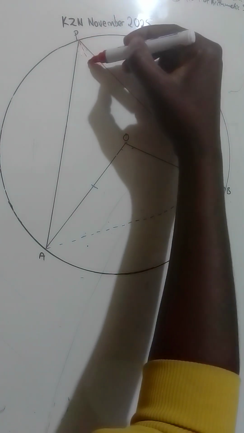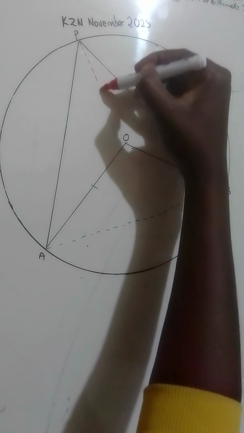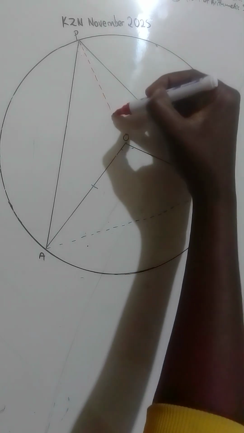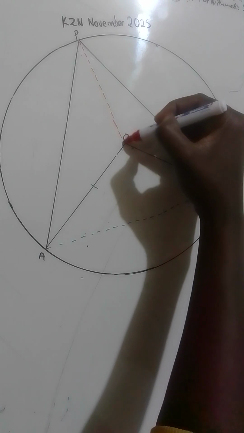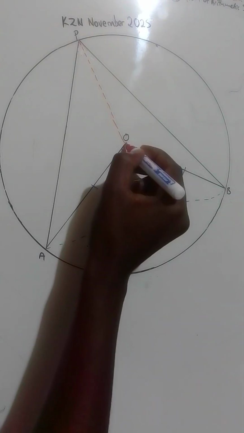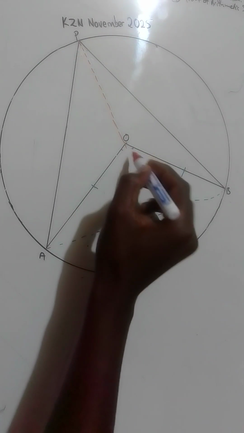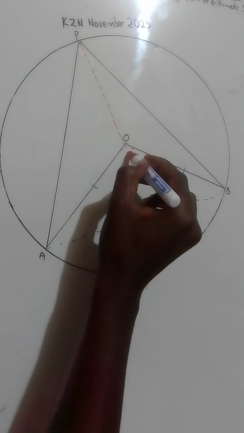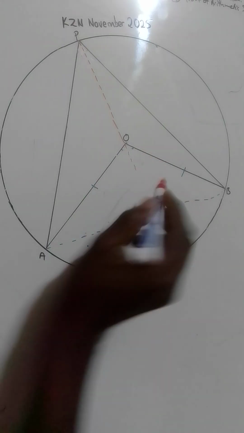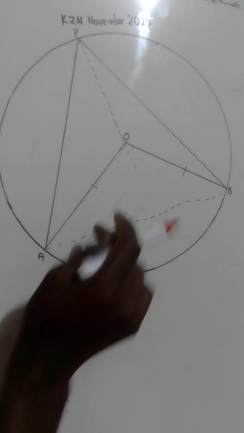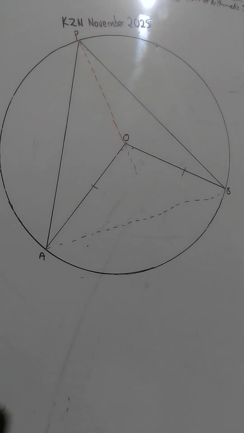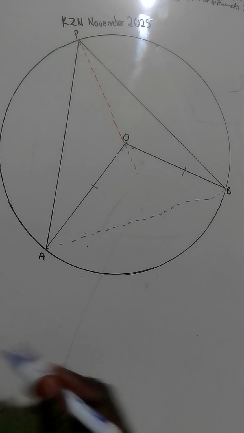I draw this for the examiner, on my answer booklet, because you were requested to draw this on the booklet. I don't end at O, I produce it, meaning I extend. So I come here now on my answers officially.